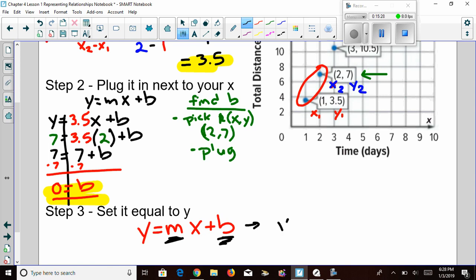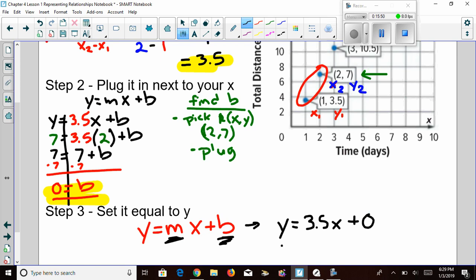So our equation is y equals 3.5x plus 0. Now we want to make sure we simplify this one step further because I generally ask, do I need that plus 0 on the end?